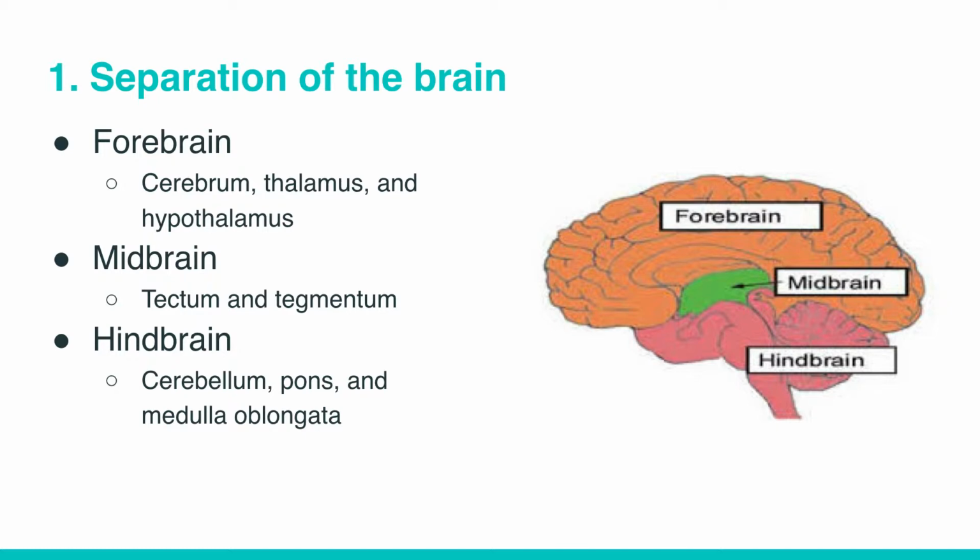The forebrain consists of the cerebrum, thalamus, and our hypothalamus. Midbrain is the tectum and tegmentum. Hindbrain is the cerebellum, pons, and medulla oblongata. So as we could tell from the last picture, we can visualize where the hypothalamus would be in the orange section of the forebrain.